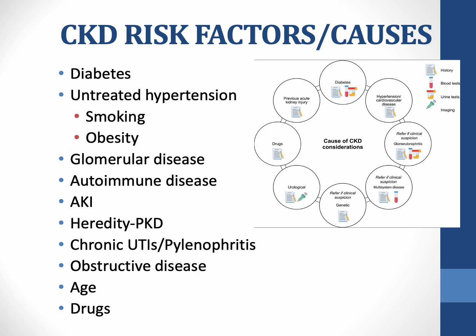Diabetes is the number one cause of kidney disease, and 35% of all adults with diabetes have kidney disease. The second leading cause of CKD is hypertension, and it can be a cause and a complication. So you either had hypertension that caused your kidney disease or your kidney disease caused your hypertension. It's a chicken and egg situation.